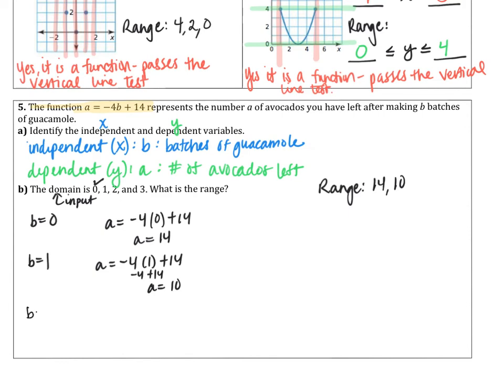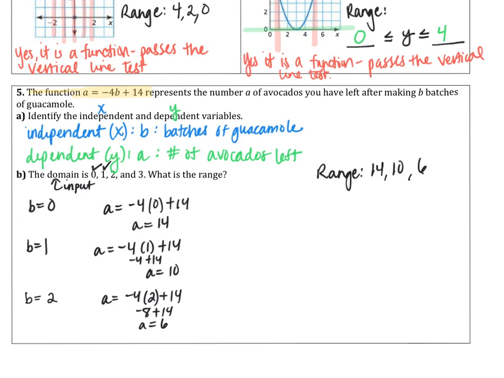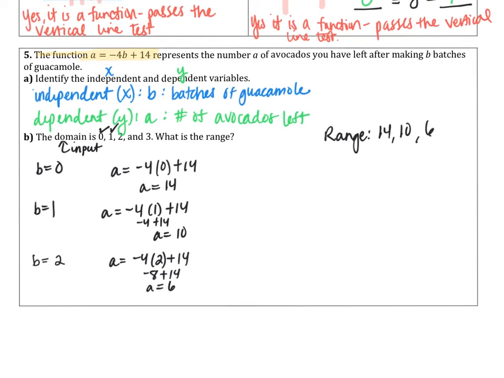All right, let's look at this. If B equals 2, because we've done 1, now 2. A equals -4 times 2 plus 14, -8 plus 14. A equals 6. So I can add that to my list of range values. And the last one: what if B equals 3?